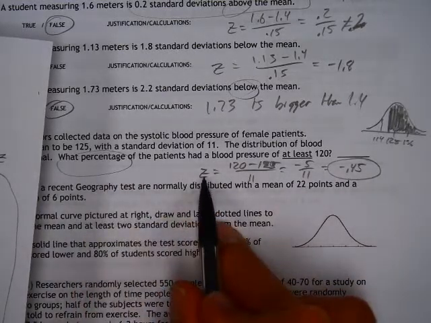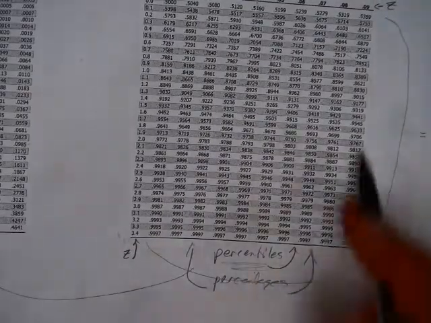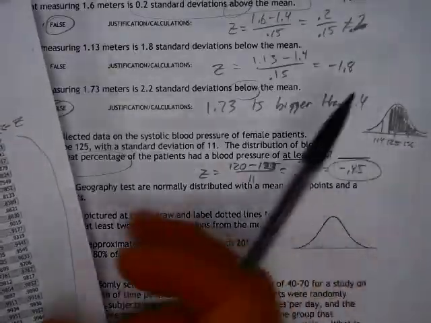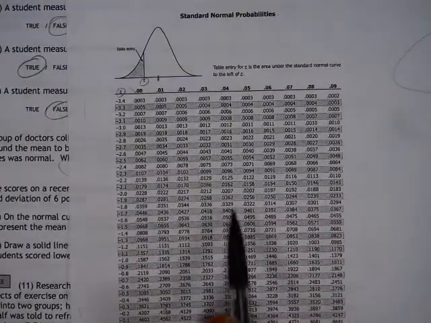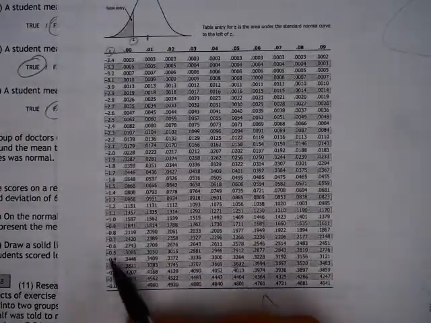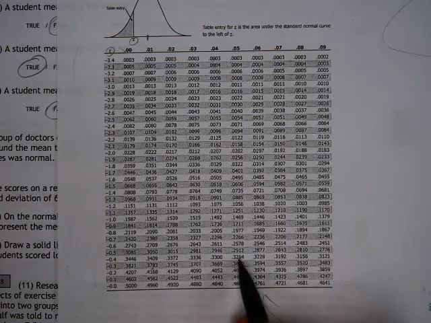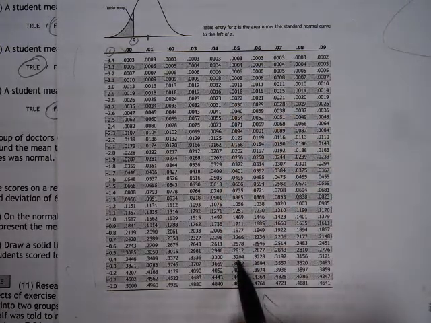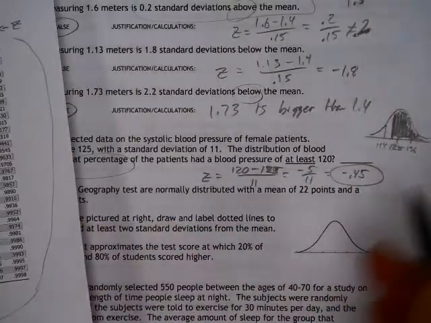It's a z-score. In here, your percentages come by looking in the stripes. You find the z-score on the sides and across the top. However, since this z-score is negative, you got to go to the other side. You got to go to the negative z-scores. So negative 0.4 and then over to 0.05, and you look up, there it is. Your answer is 0.3264.